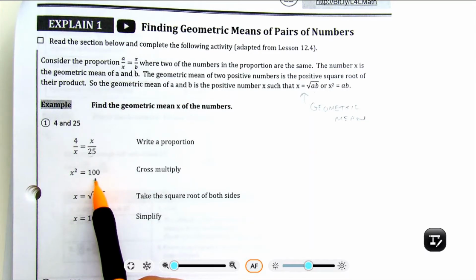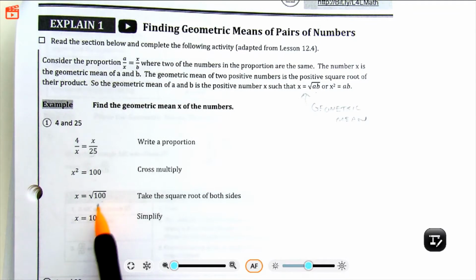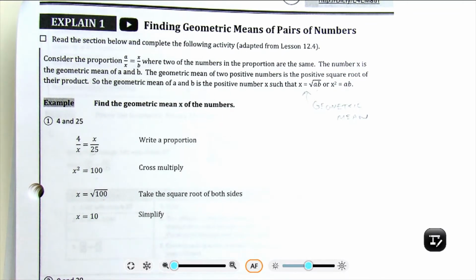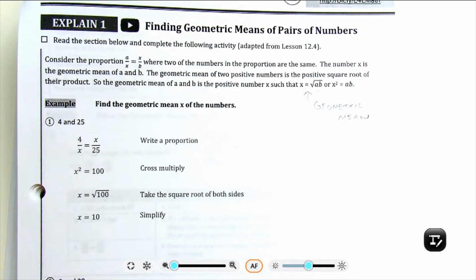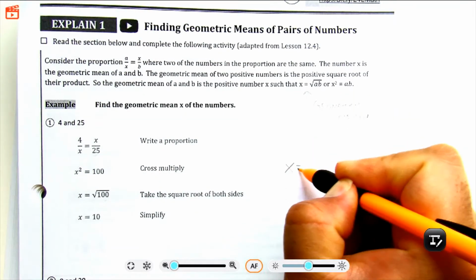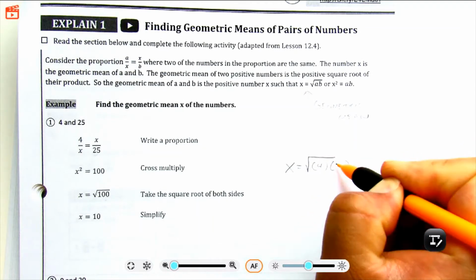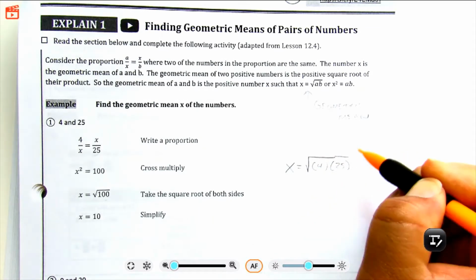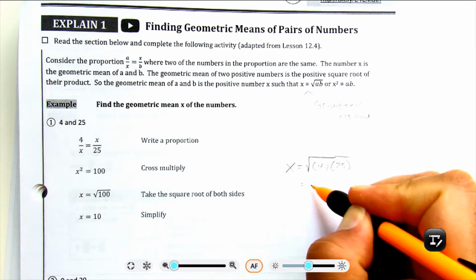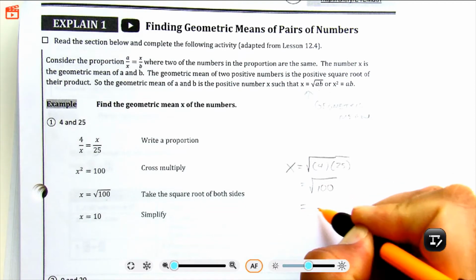Take the square root of both sides, and x is equal to the square root of 100, which becomes 10. The shortcut would have been just to use this formula. So if I write x equals the square root of a times b, so 4 times 25, that is equal to the square root of 100, and the square root of 100 is 10.